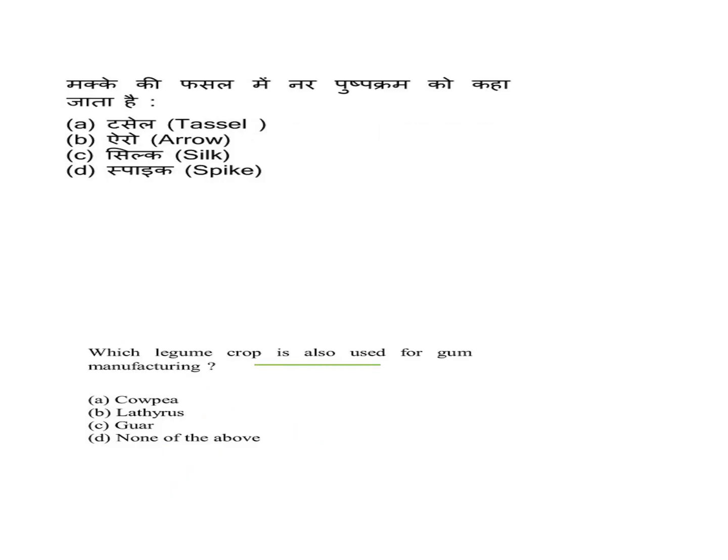Which legume crop is used for gum manufacturing? The answer is Guar plant. Cowpea and lathyrus are generally traditional legume crops used for food purposes and for animal feed purposes, whereas Guar crop is generally used in manufacturing of gum.